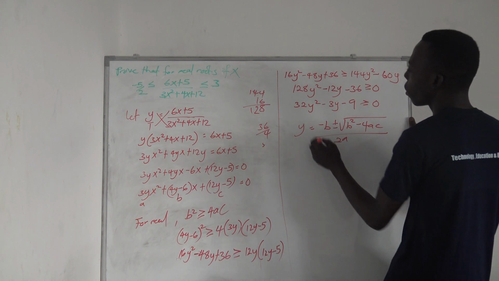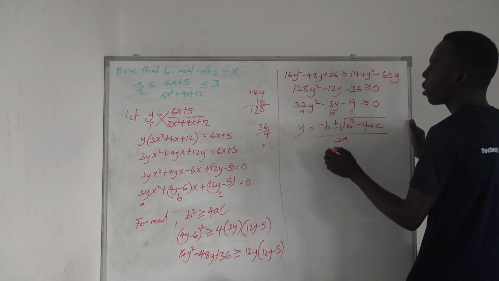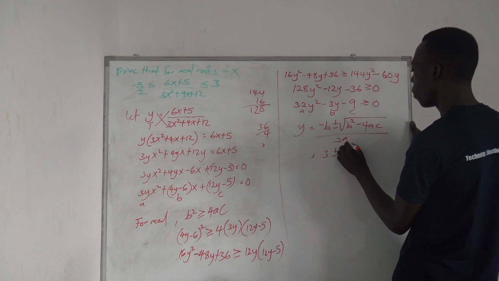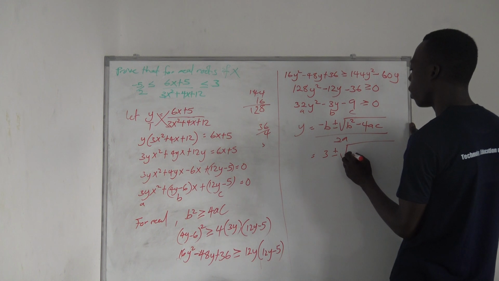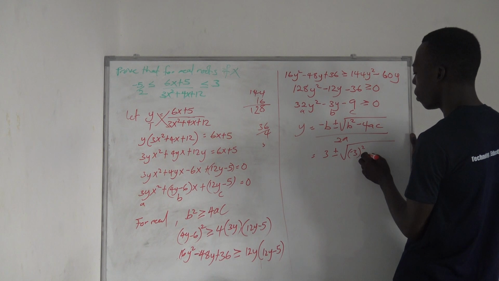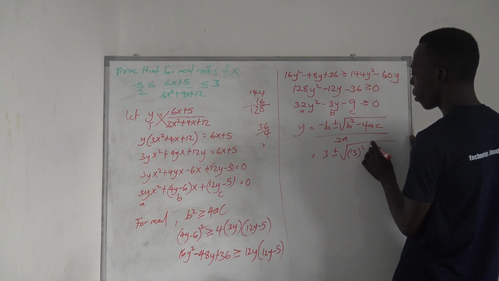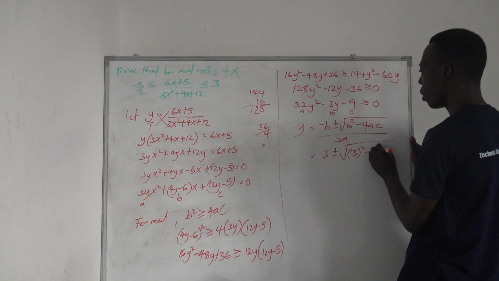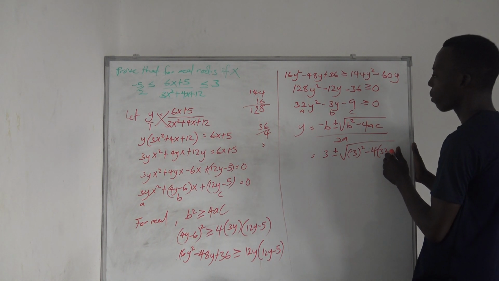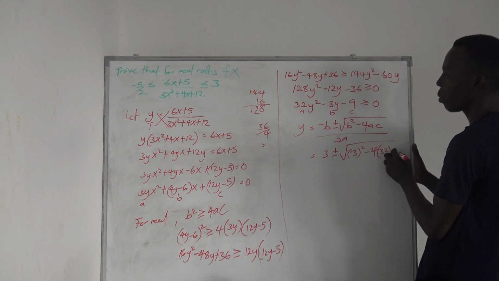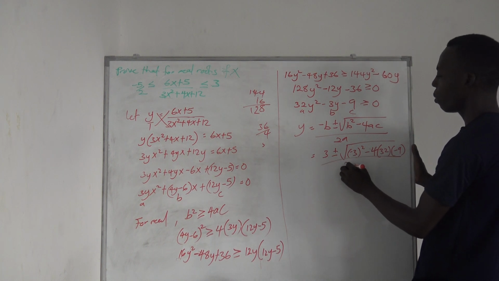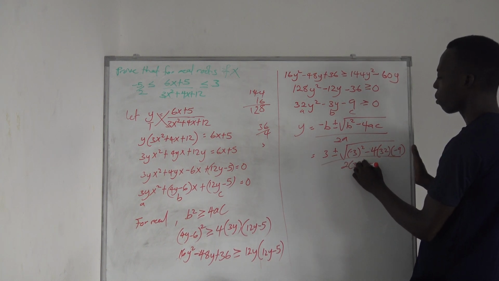Substituting the values, this is a, b, c. So this becomes 3 plus or minus root of negative 3 squared, minus 4 times 32 times negative 9, all over 2 times 32.